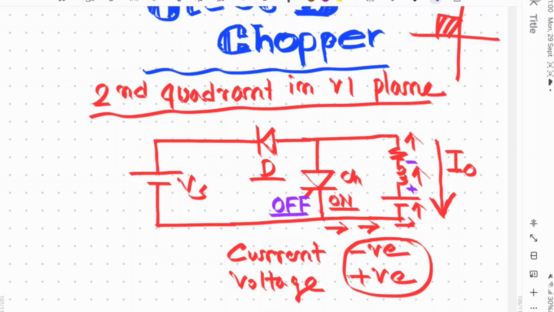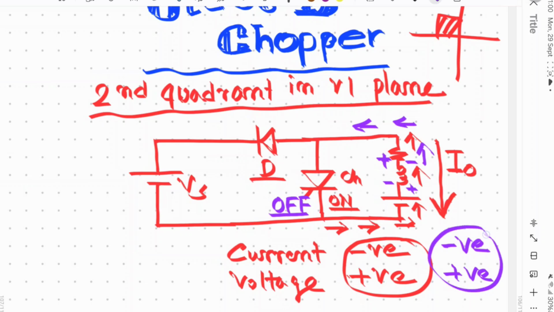Now when the switch is off, the inductor discharges and changes its polarity, so this will be positive and this negative. According to this, the current flows in this direction. So in this condition also, current is negative and voltage is positive. So this is also second quadrant operation.